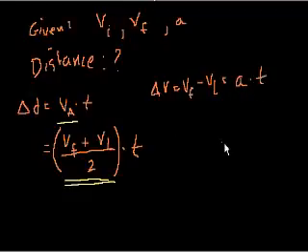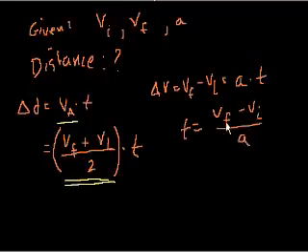Right? Or, if you want to solve for time, if I just divide both sides of this equation by a, time is equal to Vf minus Vi divided by a. So then we can take that and substitute it into this equation.